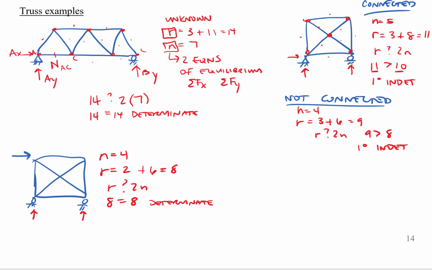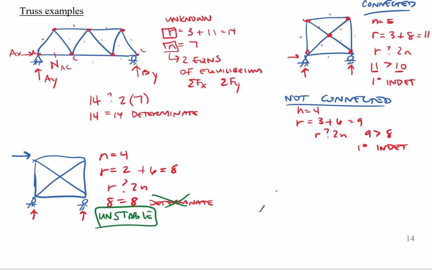But the problem is, if I push on the structure, it's just going to move rigidly to the right. Right? It's acting like a skateboard, basically. So even though our equation tells us it's determinate, this is actually unstable. So be careful. If you can see rigid body motion, regardless of what your equation tells you, it is an unstable structure.